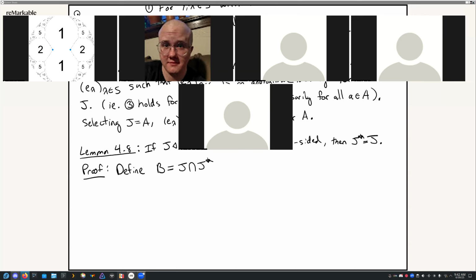First of all, B contains 0, J is closed under addition, J star is closed under addition, and J is closed under multiplication, so J star is closed under multiplication. And B inherits the C-star identity from A, so B is a C-star algebra, a C-star subalgebra of A.